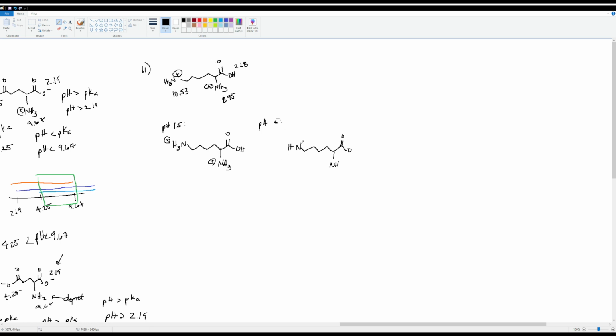Should my R group be protonated or deprotonated? Why do I see deprotonated?